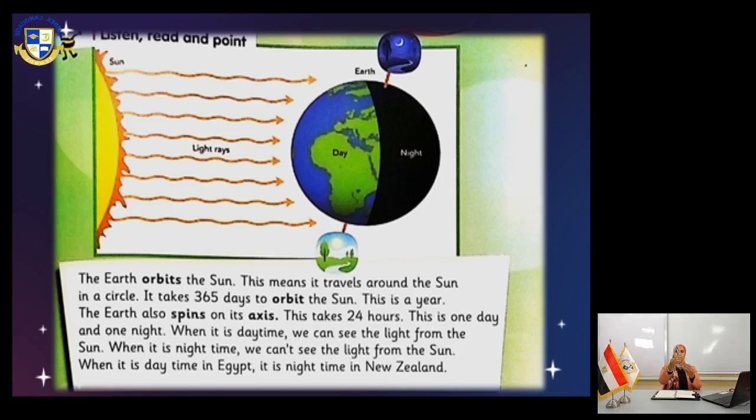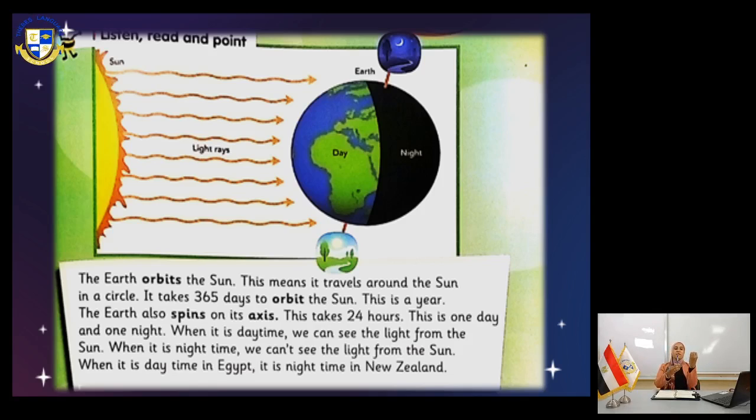And my hand, I have here the circle, this is the earth. It is moving around the sun, it orbits the sun. So it takes how many days? 365 days, which means 1 year. To complete only one orbit, it takes 365 days, 1 year.